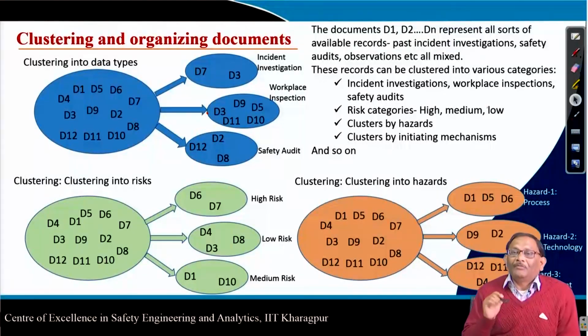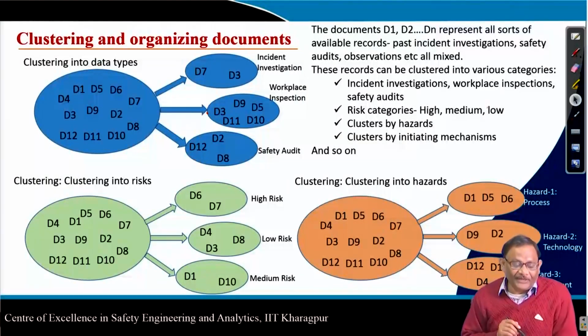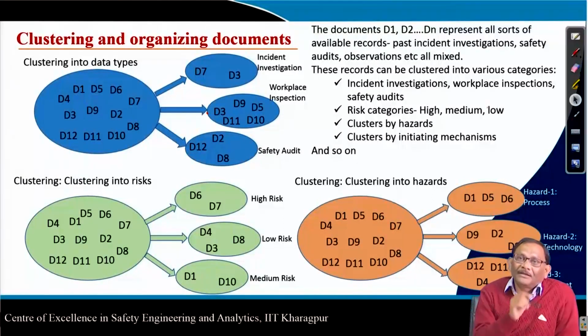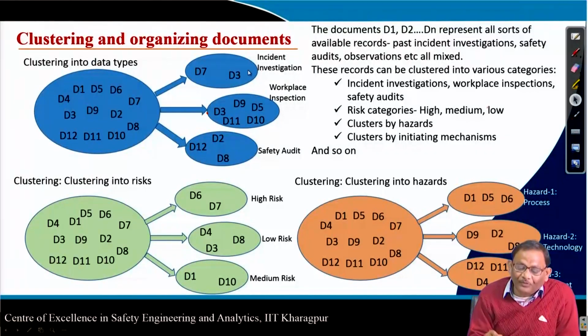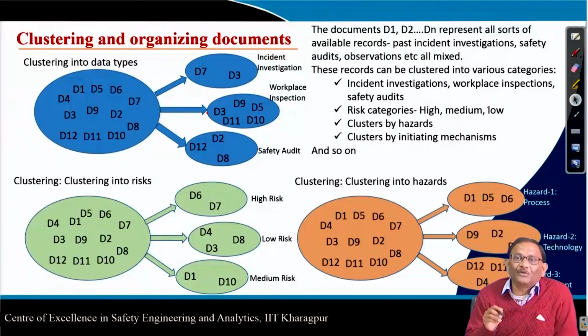Here, in the safety domain, how can this clustering be thought of? If you read the 10 narratives, the 10 documents, manually, you will find that there may be 2 incident investigation reports, then 5 inspection reports and 3 audit reports.